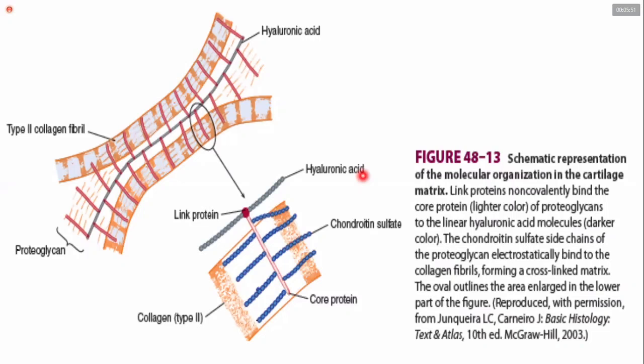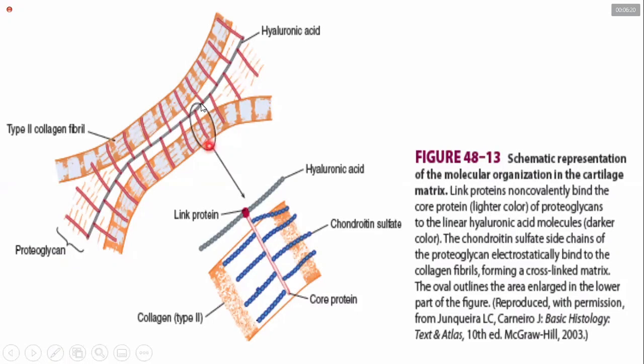Talking about the proteoglycans that we have in the cartilage tissue and how they make the connection between the fibrous collagen, which is type 2 collagen, and this is the fiber of the collagen as well as the other fiber here. They are connected together with what's called proteoglycan, which is similar to the proteoglycans that we have seen earlier in the bone.